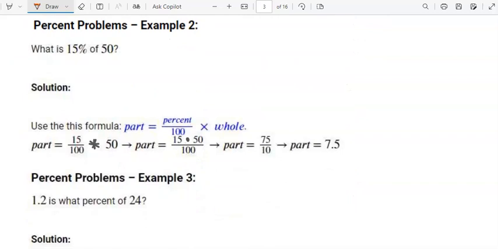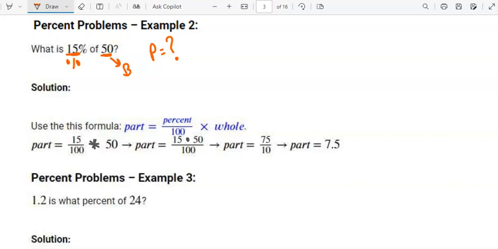Percent problems, example 2. What is 15% of 50? 50 is the base, 15 is the percent, and we're looking for the part. Solution. Use the formula part equals percent over 100 times the whole.